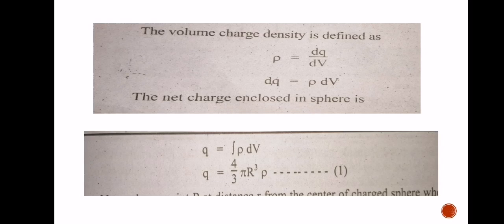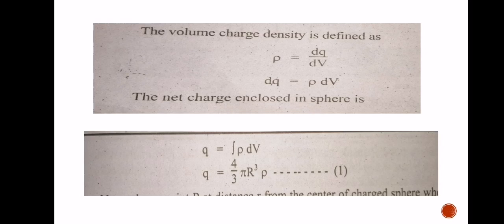The volume charge density for this small volume element is defined as rho is equal to dq over dV, where dq is the charge enclosed in the small volume element and dV is the volume of the small volume element. The charge enclosed in the small volume element is dq is equal to rho into dV.